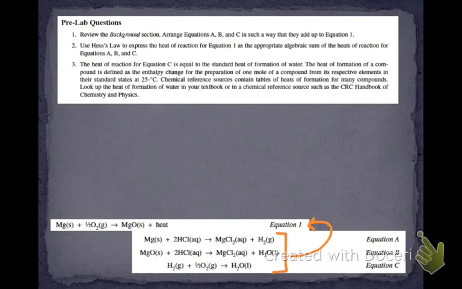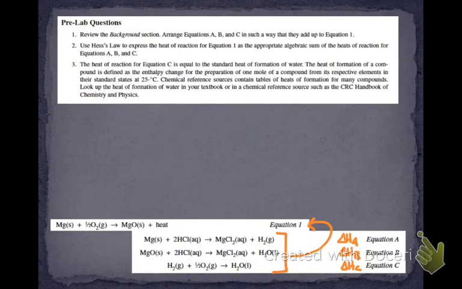So what we could say about equation A, B, and C, since we don't have delta H's for them, we could just say that this is delta H of A, delta H of B, and delta H of C. And if we rearrange an equation, we want to make sure that we're changing signs for the delta H. So if we're reversing an equation, you want to make sure you change the sign of delta H. So that's important to remember.